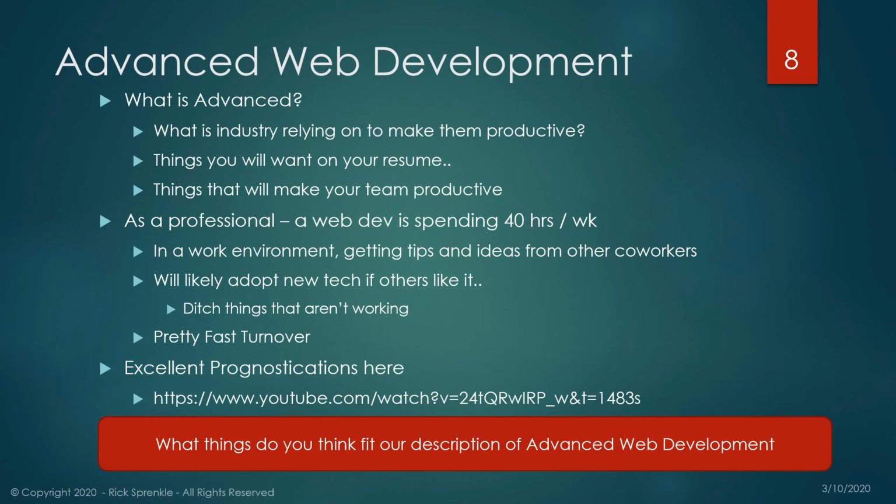So we've already kind of talked about what's advanced, right? What is industry relying on to be productive? These are the things you'll want on your resume if you're doing them, or you'll want to understand when you see them in other people's resumes. A professional web dev is spending 40 hours a week doing this, right?